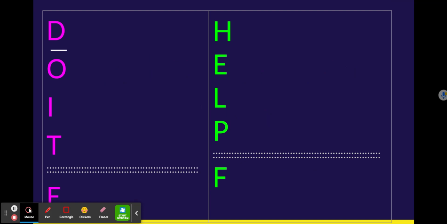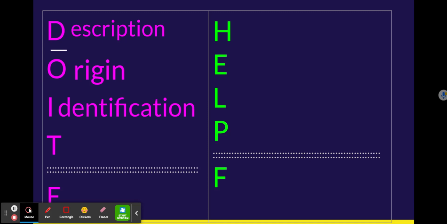We're going to use the acronyms DO IT and HELP to help clarify which is which. We're going to use the DO IT acronym for the verb ser. D is for description, when you're describing something, what something looks like. O is for origin, someone's nationality, where someone is from.